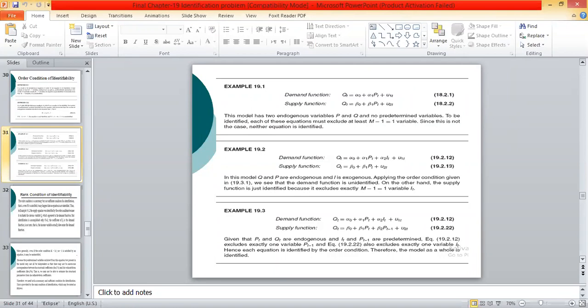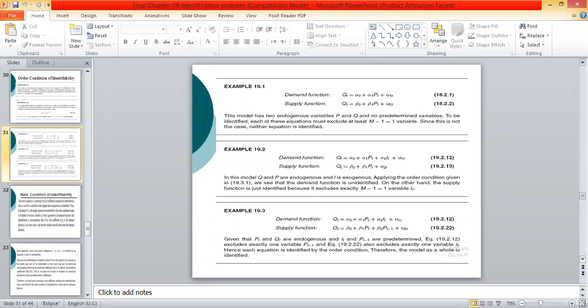The requirement of the definition is that if an equation is to be identified, it must exclude at least m minus 1 variables. Here m equals 2, so 2 minus 1 equals 1.